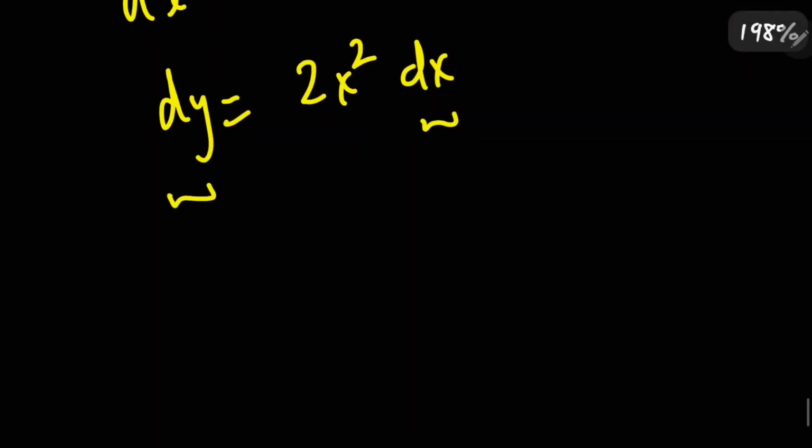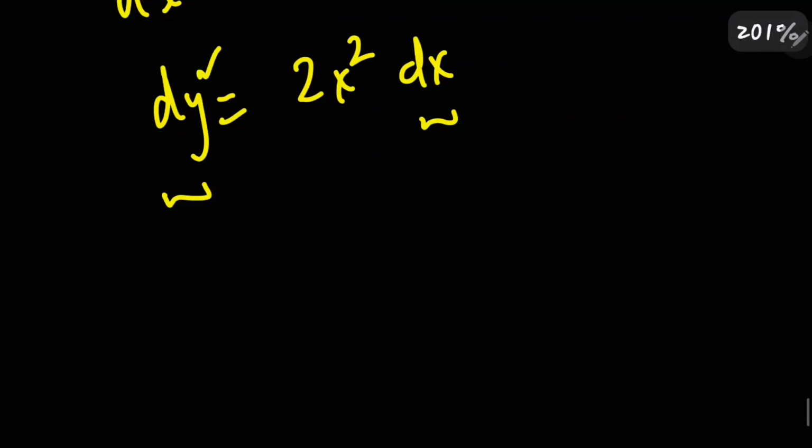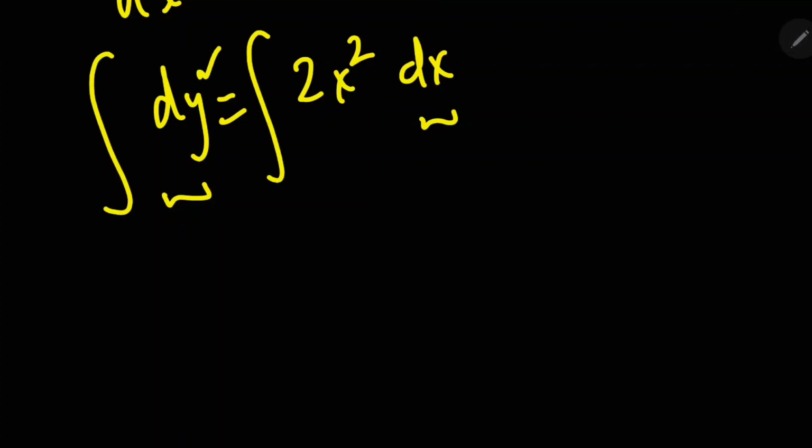We want to know what the function y is, so we need to do integration. If you put all the small changes in y together, you get y back again, right? It's like a long distance that you divide into small pieces. When you put it all together, you get the complete distance. So the integration of these small changes in y sums up to y itself, right?